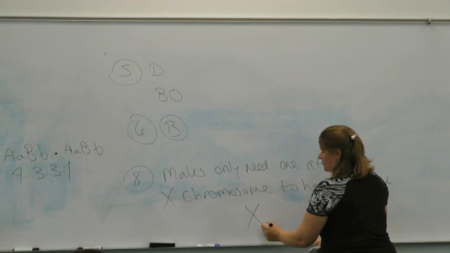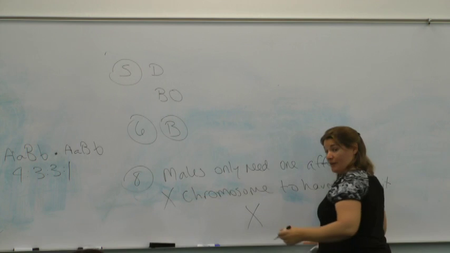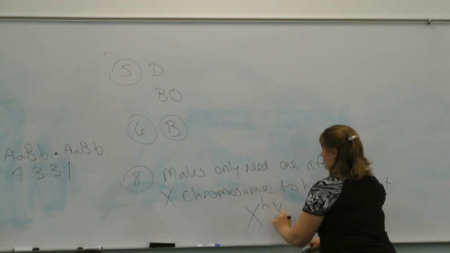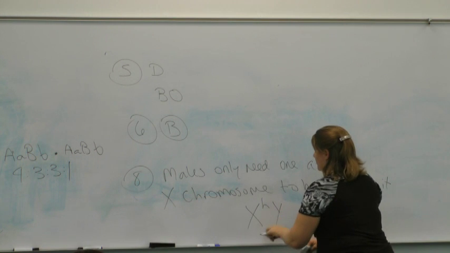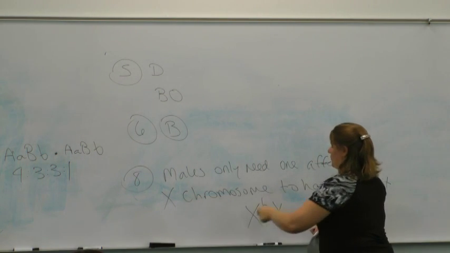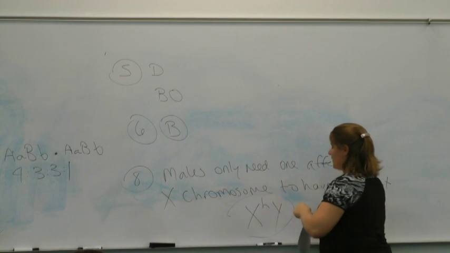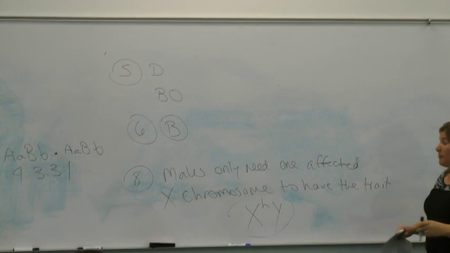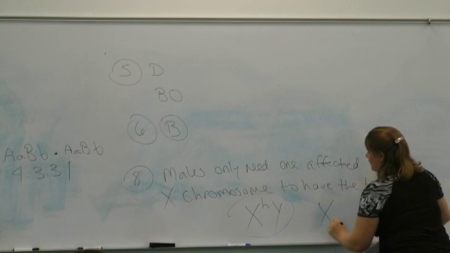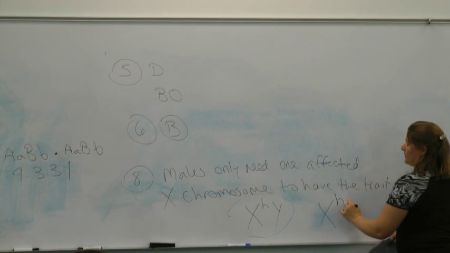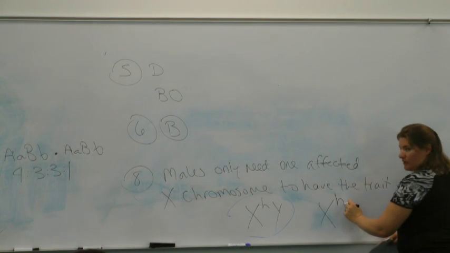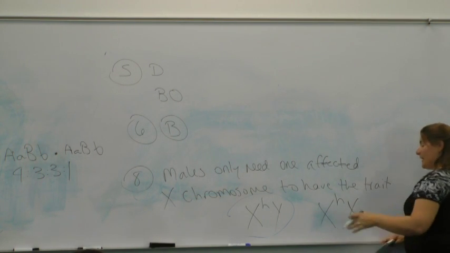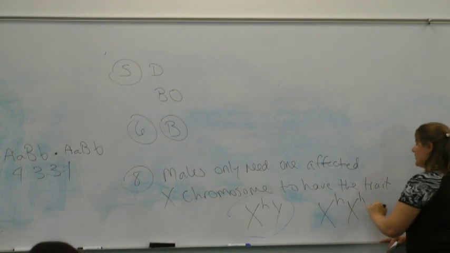So an example of a genotype of a male who has hemophilia is what? X, little h, Y. So this would be the genotype of a male who has hemophilia. For a female to have hemophilia, she would have to be X little h, X little h. No big H's.